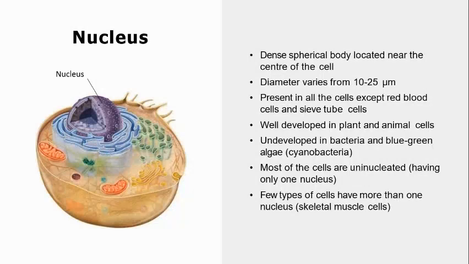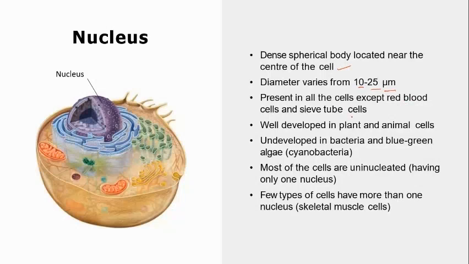The nucleus. The nucleus is a dense spherical body located near the center of the cell. The diameter varies about 10 to 25 micrometers. It is present in all cells except in the red blood cells and the sieve tube cells.